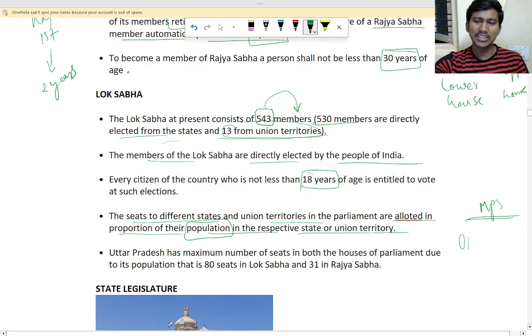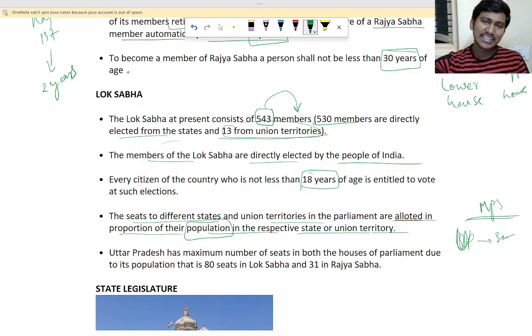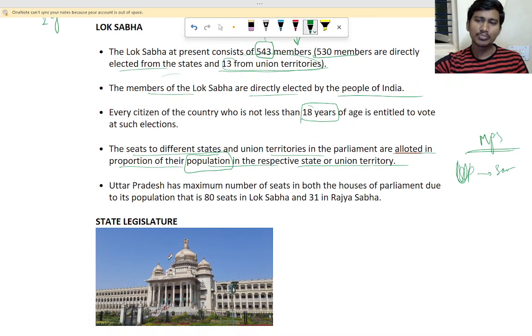You know UP has a very high population, so there are so many MPs in UP. Because of that, some of the time they decide the prime minister seat.